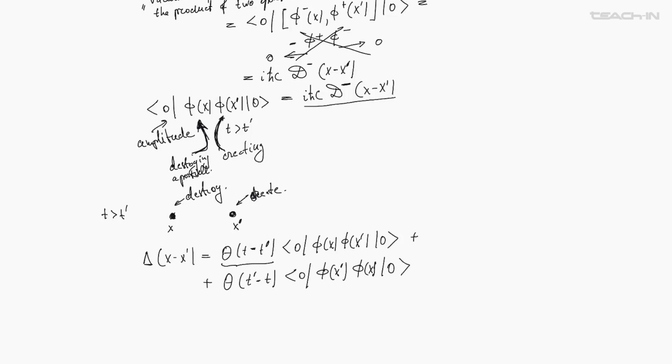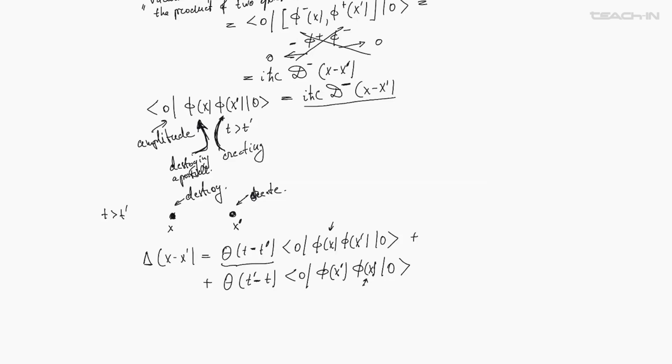Here you will destroy it at x, and here you will create it at x. And now you destroy it at a later time t prime, which according to the theta function happens later. And so this object here, delta of x and x prime, is exactly what is called the Feynman propagator.